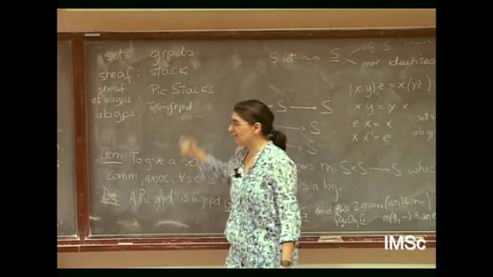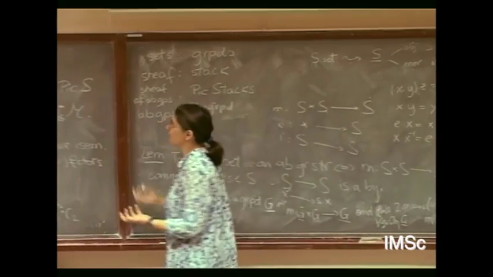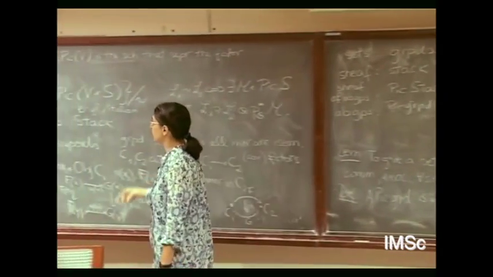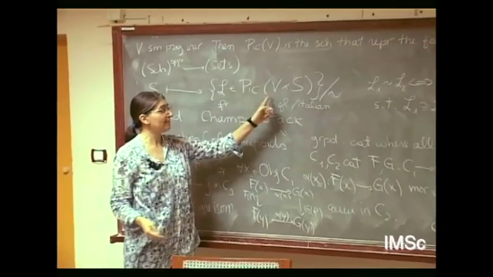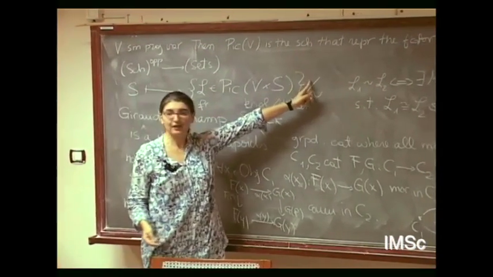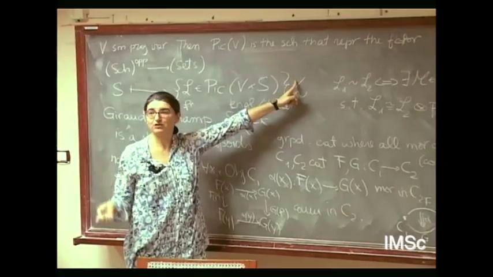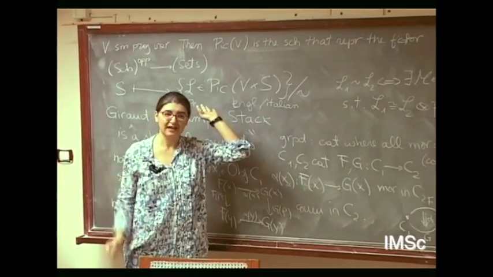And in particular, afterwards, Deligne proves that if you associate to every scheme S the groupoid of line bundles on V times S as a groupoid, so up to isomorphism, forget the tensor, you get a nice stack.